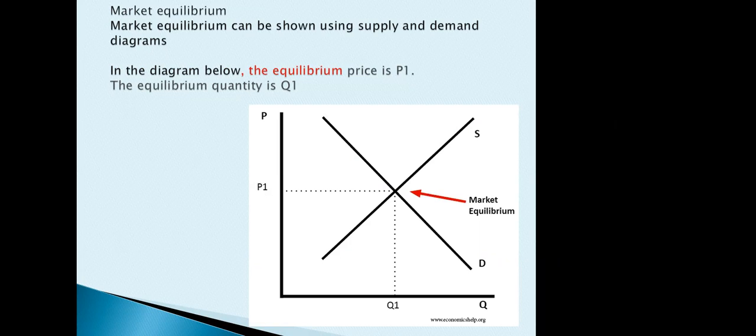Okay, so what is the equilibrium point? The point at which your supply graph and demand graph intersect each other. That point is called the equilibrium point. Means what?